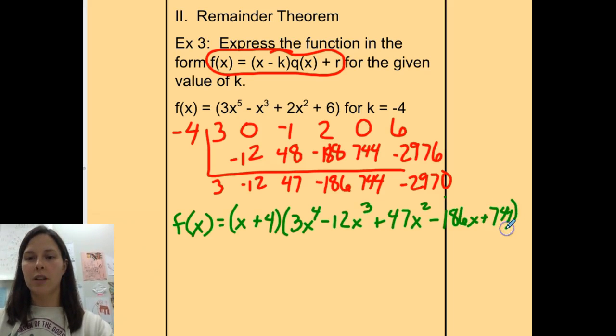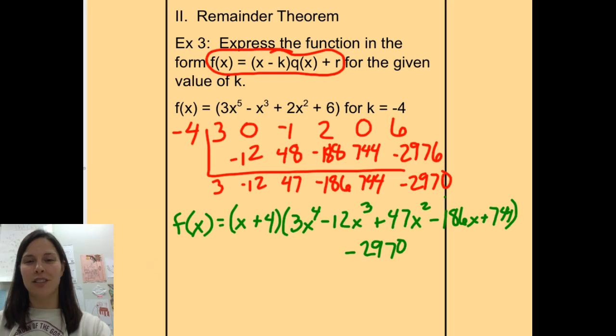And running out of room here, so then plus the remainder. So I'm just going to have to write that on the next line. So if we multiplied this out, and I am not going to demonstrate that this one works, if we multiplied those two out and then added the remainder on the end, we would get our original function back.